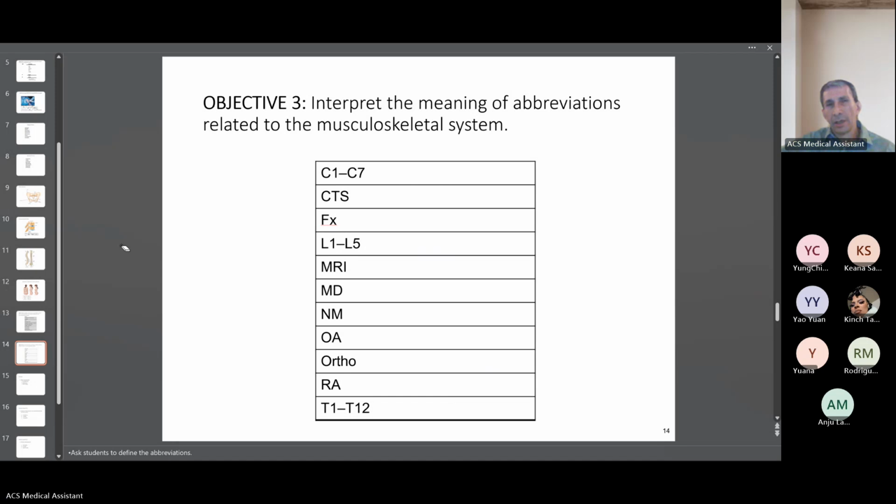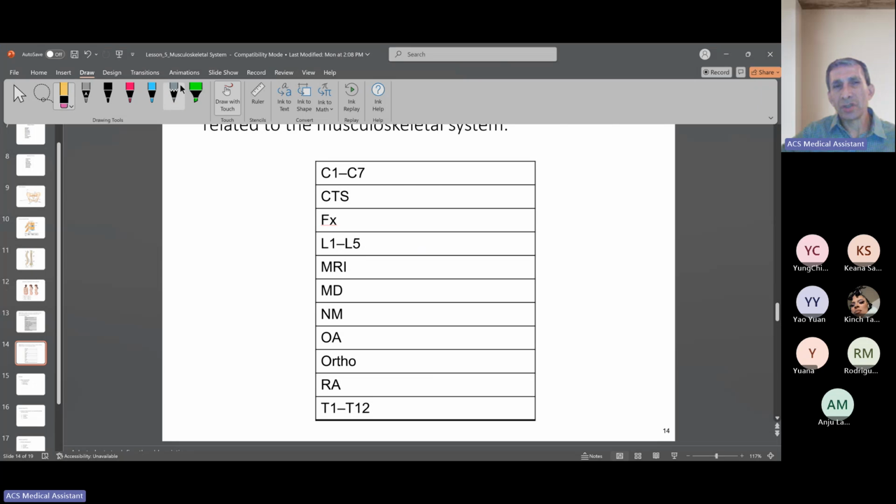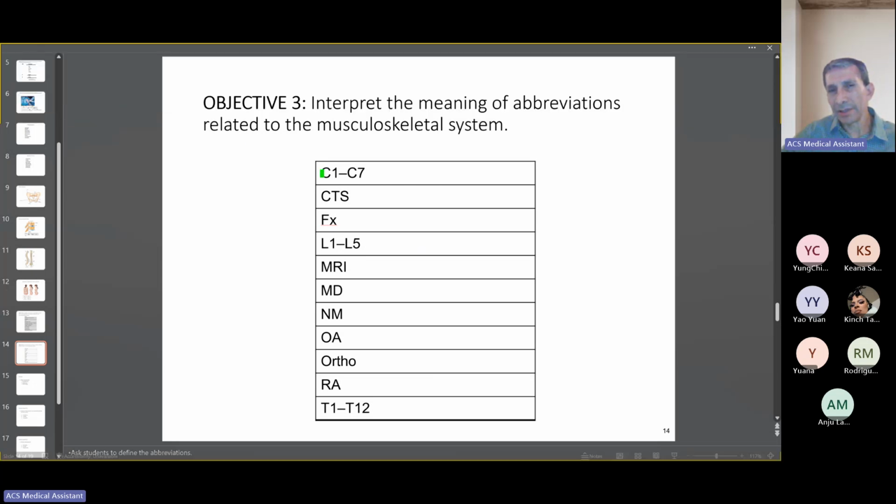Okay. Let's talk about these abbreviations and acronyms, because they are very, very important for us to know. Let's start with C1 to C7. C stands for cervical. These are the cervical vertebrae.